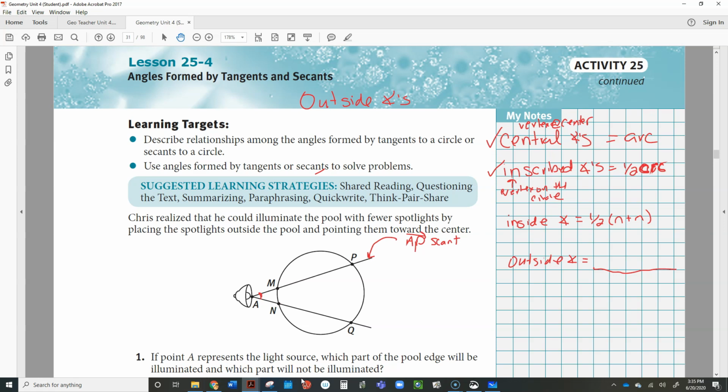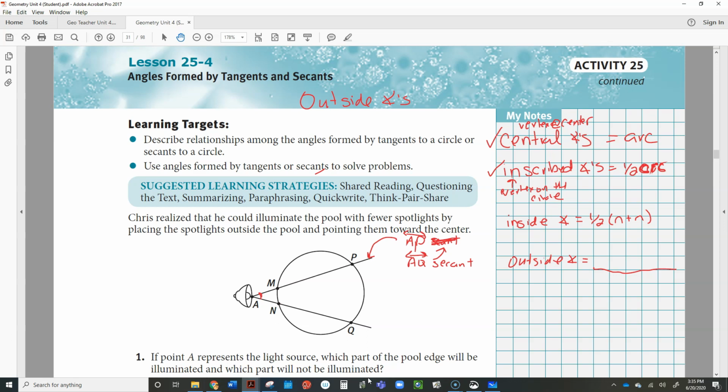You could even call it line AP. And line AQ is also a secant. So we have two secants and they're intersecting, and the place where they intersect forms an angle.